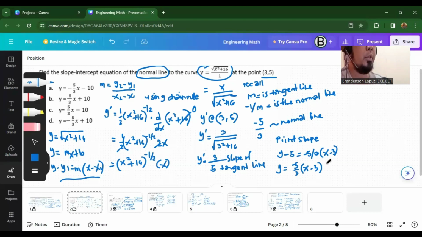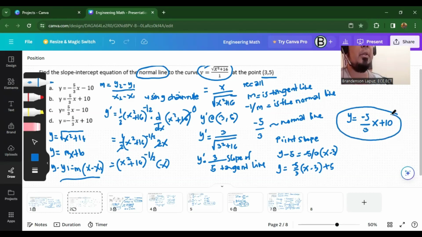Transposing this, it becomes plus 5. So, simplifying, you will get the value of y is equal to negative 5 over 3 x plus 10. So this is your slope-intercept equation, which answer is letter D. Okay?